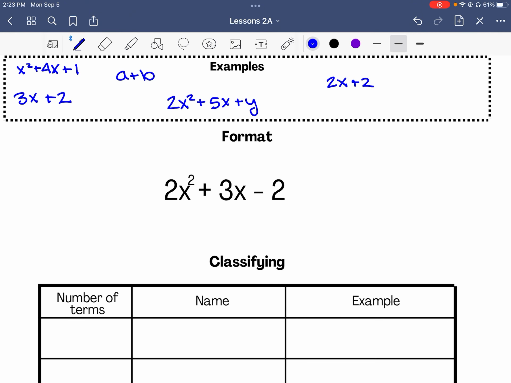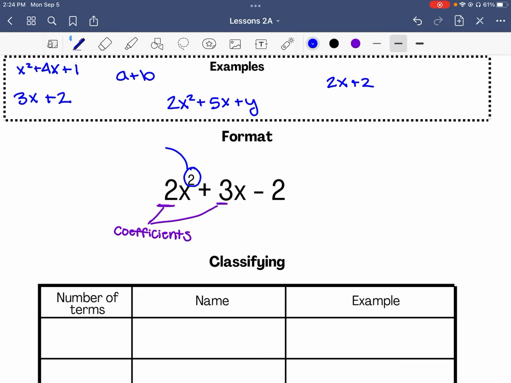Now, let's talk about the format of polynomials. The first thing that we have are coefficients. Remember that coefficients are the numbers in front of our variables. So these are coefficients. The second thing we have are exponents.